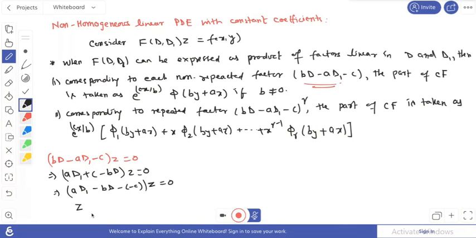So you can write your z complementary function in the form of minus c of y, this is c of x, over this a. Okay, the derivation is long, but we are giving you the formula directly. This is under function psi, which is a function of by plus ax. So if you write in this form, your complementary function z will be in this form, and if written the other way, it can be written in that form.